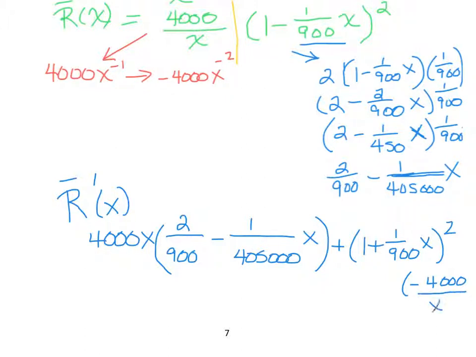And I'm going to change that to negative 4,000 over x squared, since I'm already dealing with some fractions anyway.